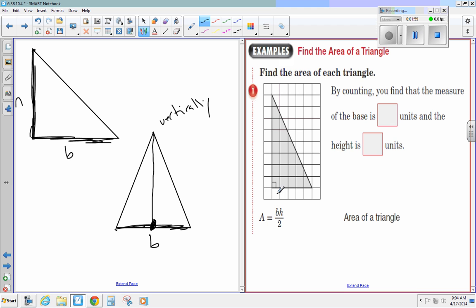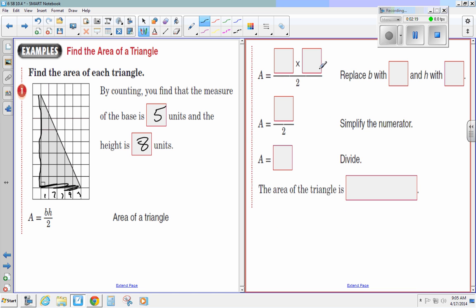So looking here, the base we know by counting, and you find the measure of the base is 1, 2, 3, 4, 5. And the height is 1, 2, 3, 4, 5, 6, 7, 8. So replace b with 5 and h with 8.